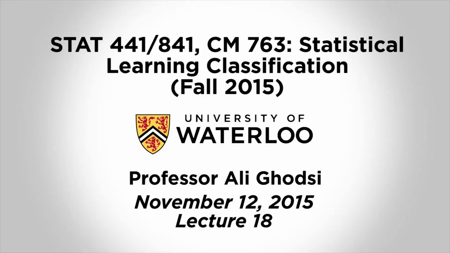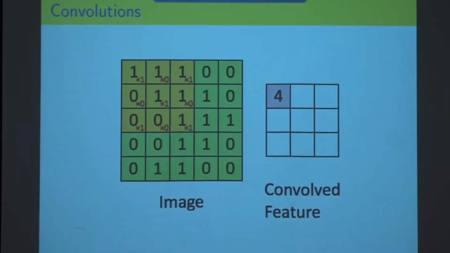Okay, so we started convolutional neural networks in the previous lecture, and we learned that a convolutional neural network is a neural network. We already know the feed-forward neural network. Consider a feed-forward neural network in which one layer is different from the other layers, and this layer is a convolutional layer.